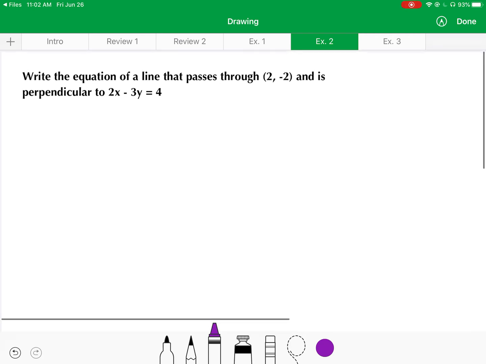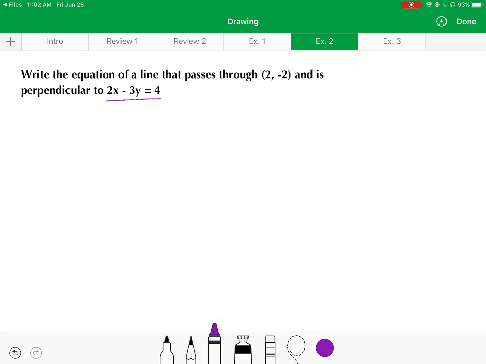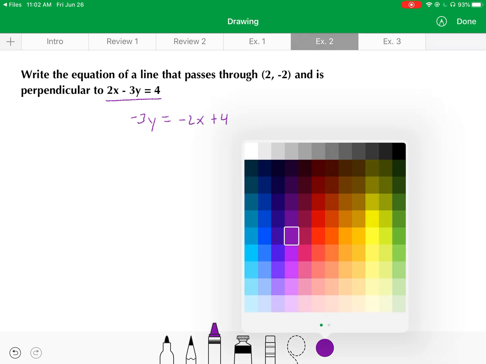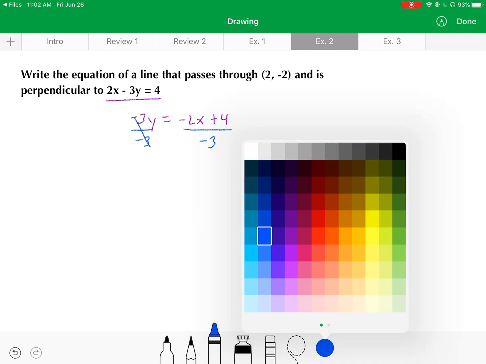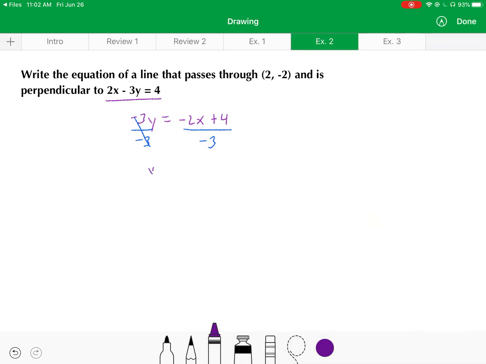So the first thing I'm going to do is try to find the slope of this line. There are several different ways I can do it, but probably the easiest is to go to slope-intercept form. So I'm going to solve it for y. I subtract 2x over, I'll then divide by -3, and I'll end up with y equals 2/3 x minus 4/3.